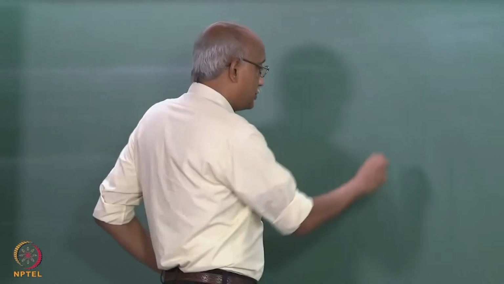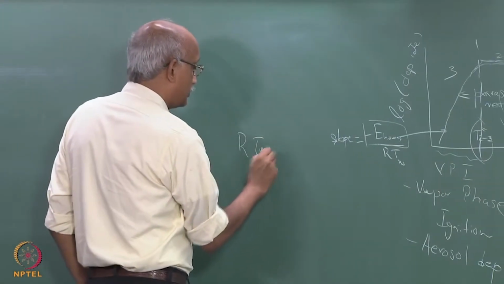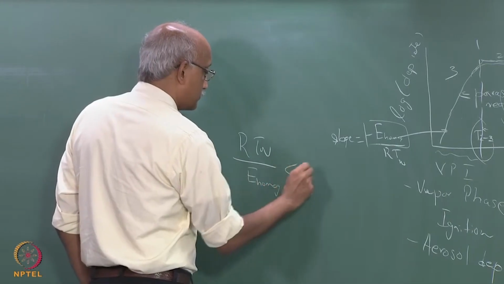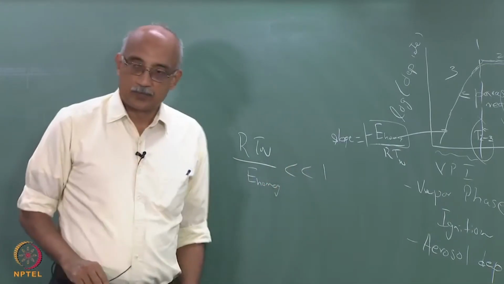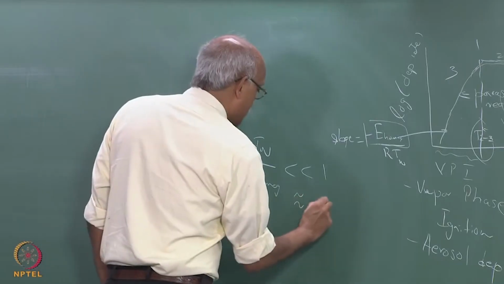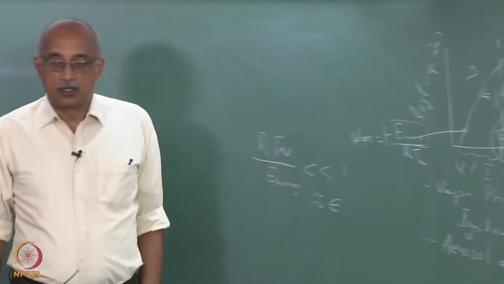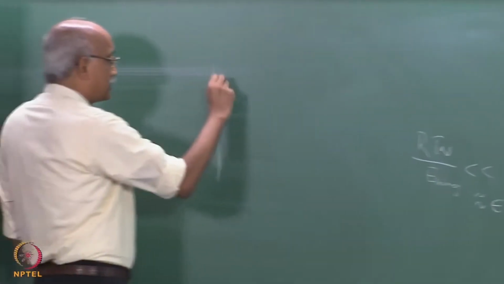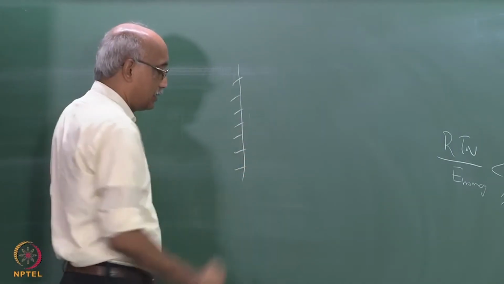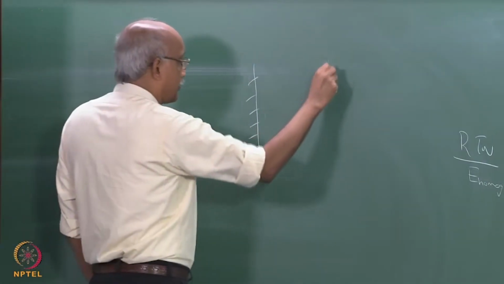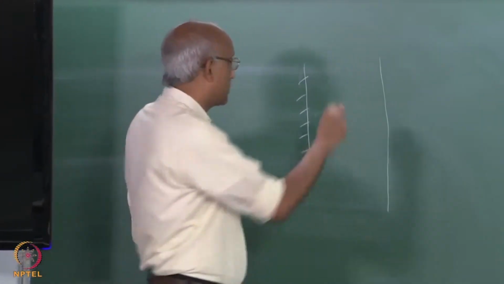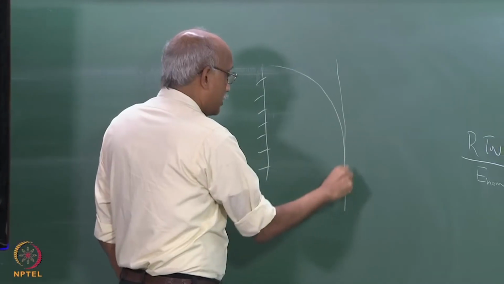So, you could assume that R times TW over E homogeneous is much less than 1. It is actually assigned a value of epsilon. The reason that is useful to you is because now you can take a look at the region near the substrate. Okay, you have the substrate here and you have a laminar sublayer, right. I mean, that is a conventional model of a diffusion process.